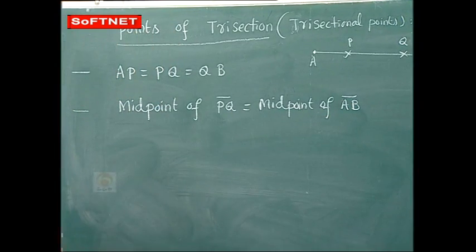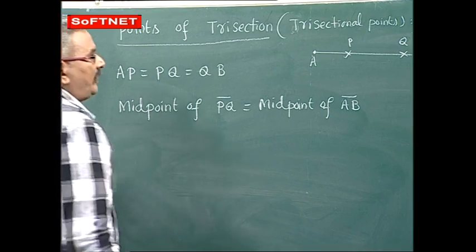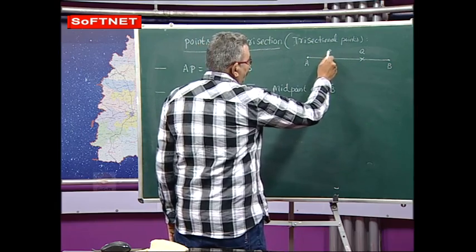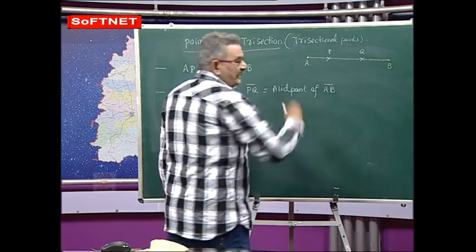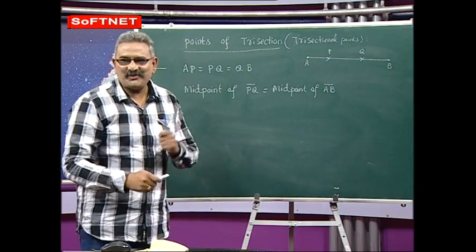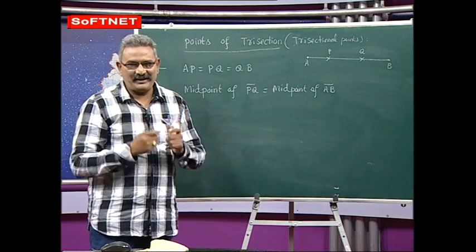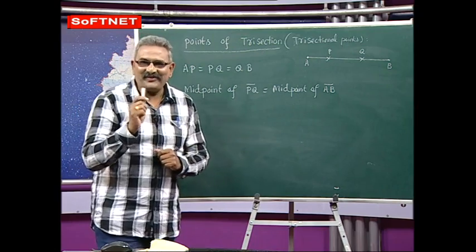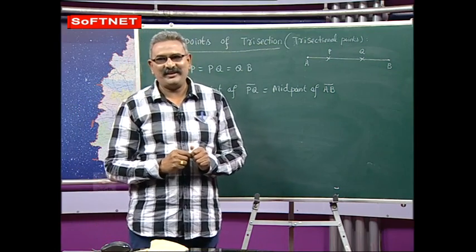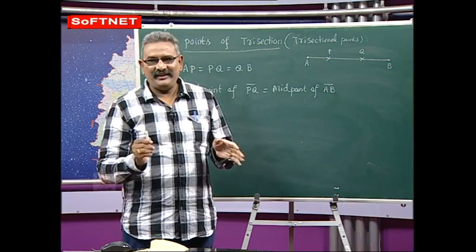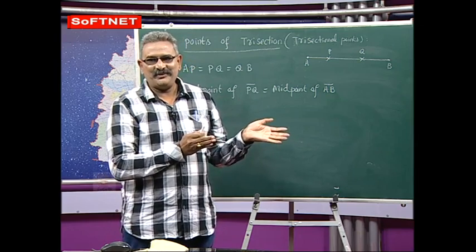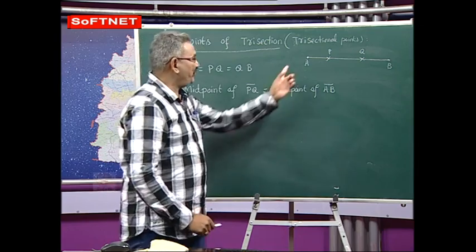Okay. Suppose P coordinates and Q coordinates are given and you are asked to find the midpoint of AB, you need not find A coordinates and B coordinates. Simply find the midpoint of PQ. That is nothing but the midpoint of AB itself.